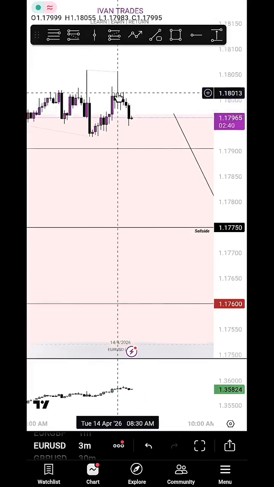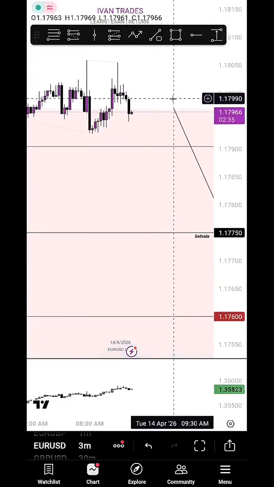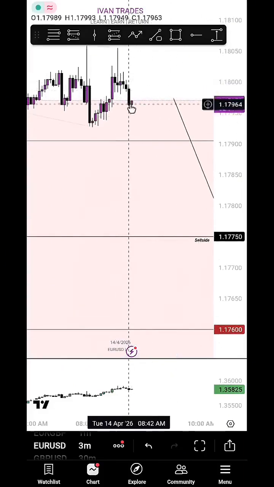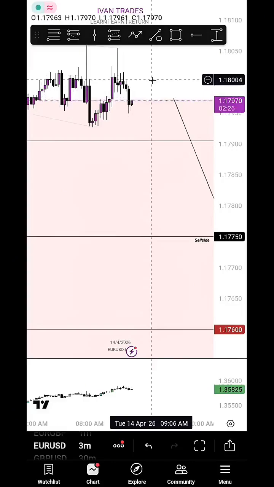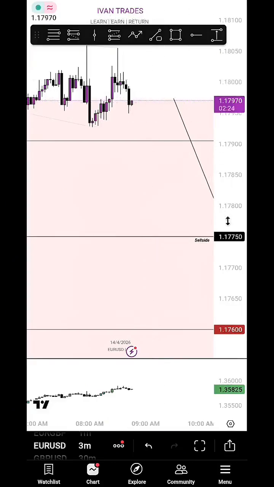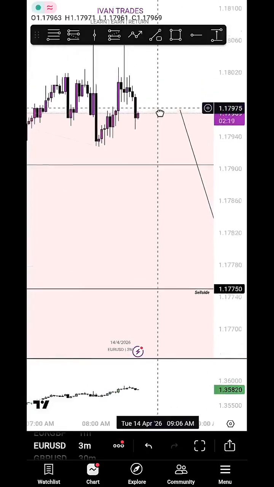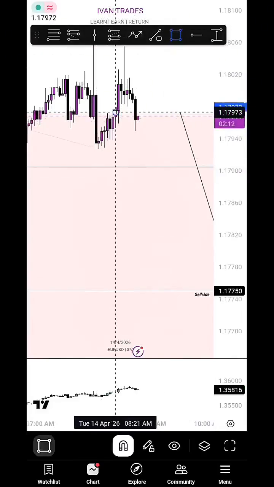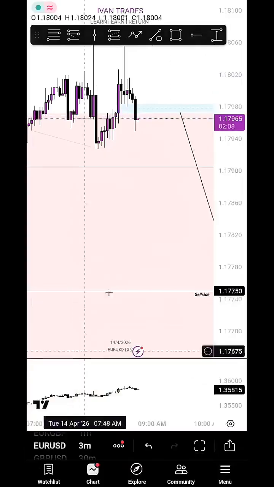So if we go to the 3-minute time frame, you can see that we formed an SMT divergence with this high right here. We respected this week, and on the open of 8:30, we are forming a potential fair value gap if this candle doesn't overlap with this candle's wick.